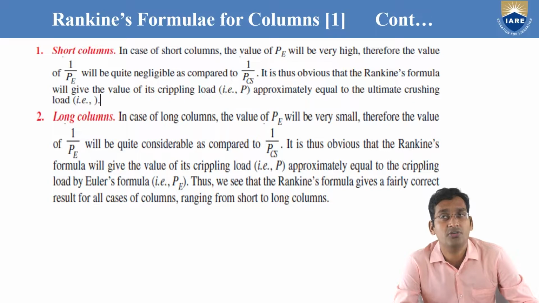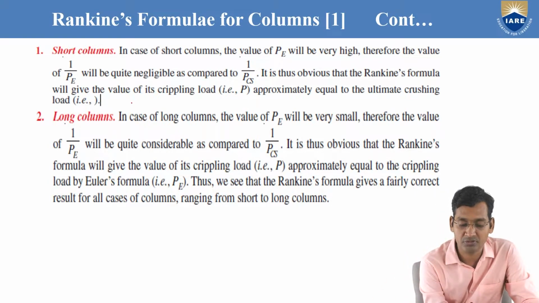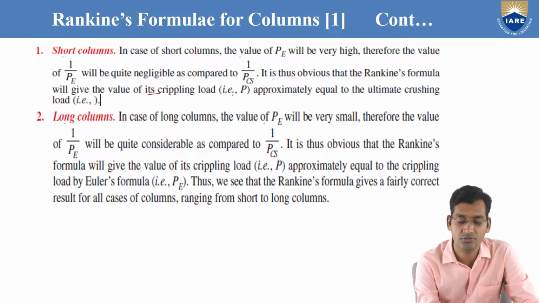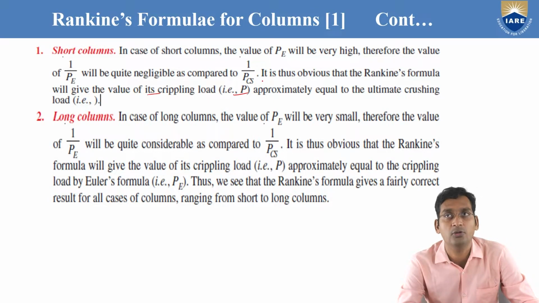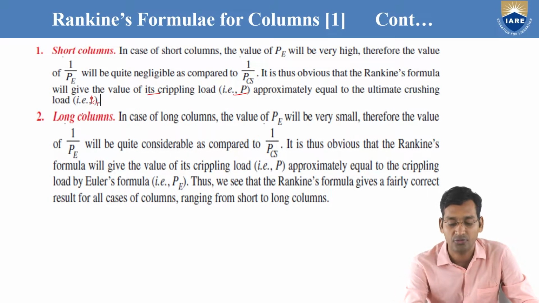It is thus obvious that Rankine's formula will give the value of crippling load, that is P, approximately equal to the ultimate crushing load. This P will give you the ultimate crushing load, that is P_CS. So that is for the short column.